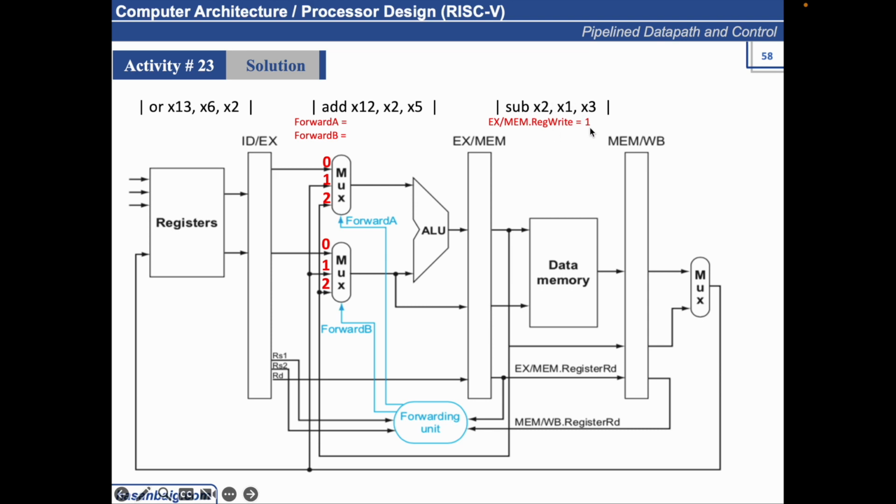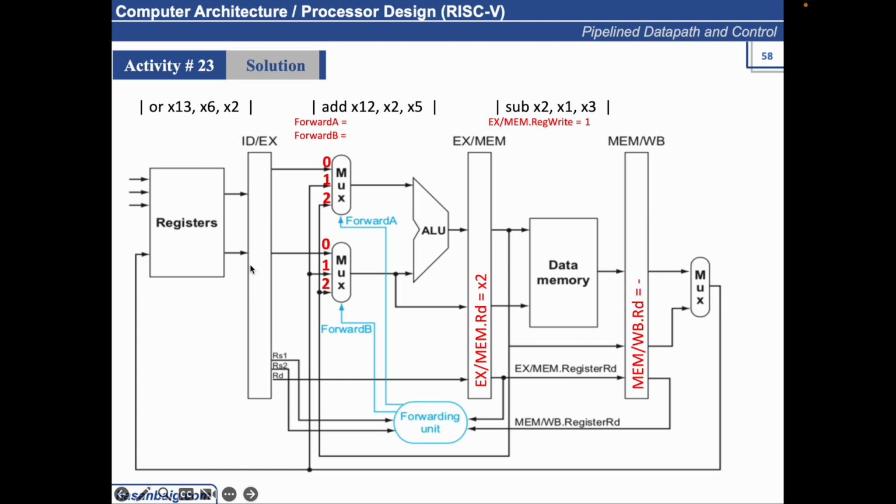That's why the reg write signal is 1. What will be the value of XMEM RD here? XMEM RD currently contains the value X2. And the mem write back RD register has not been updated yet because this clock cycle is not finished.